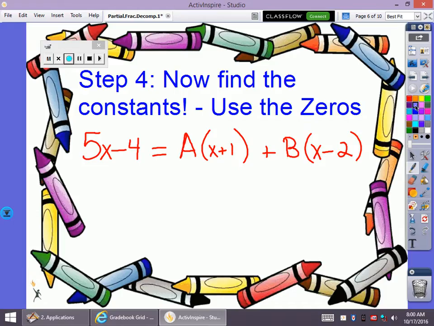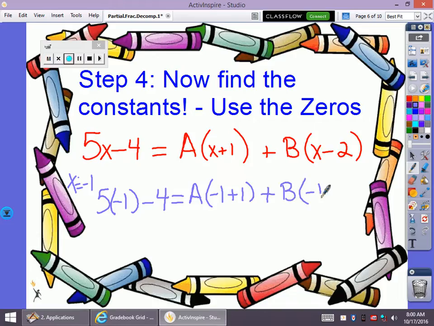So I am going to use x equals -1 because that would make this 0 through the whole problem. So 5 times -1 minus 4 equals a times -1 plus 1 plus b times -1 minus 2. All I did was replace all my x's with -1. And I'm going to simplify now.